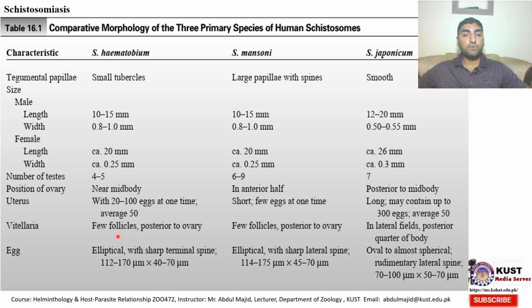In Schistosoma haematobium the egg is elliptical with a sharp terminal spine, 112 to 170 micrometers by 40 to 70 micrometers. In mansoni it is elliptical with a sharp lateral spine, 114 to 175 micrometers by 45 to 70 micrometers. In japonicum it is oval to almost spherical with a rudimentary lateral spine, 70 to 100 micrometers by 50 to 70 micrometers. This is the difference on the basis of different structures and morphology.